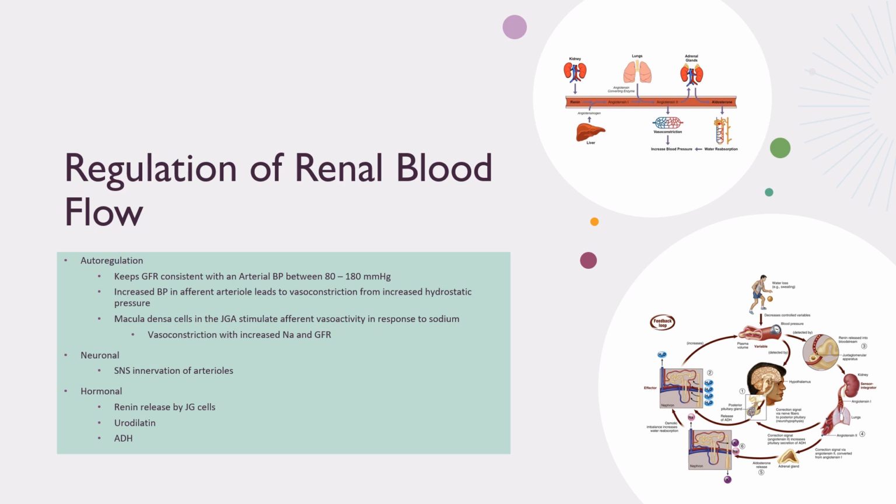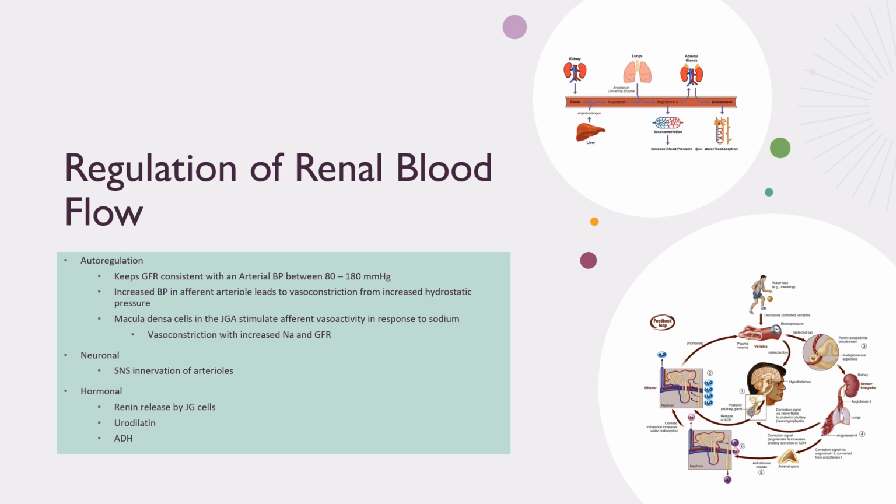Increased sodium concentration causes the macula densa to trigger afferent arteriolar vasoconstriction, decreasing the renal blood flow and the GFR. In lower sodium concentrations, the opposite occurs. This helps maintain the GFR at relatively similar rates no matter the blood pressure, fluid volume, or sodium concentration, and further prevents large fluctuations in body fluid and sodium levels with changes in blood pressure.